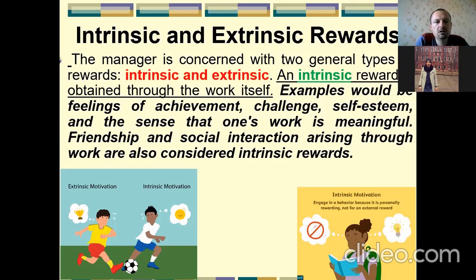And we will discuss it now. From the left picture, before speaking about the intrinsic reward, intrinsic motivation in detail, we can have some pleasure when we are performing some task, and it is an intrinsic reward.